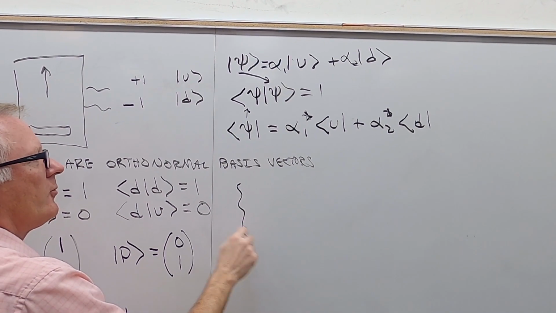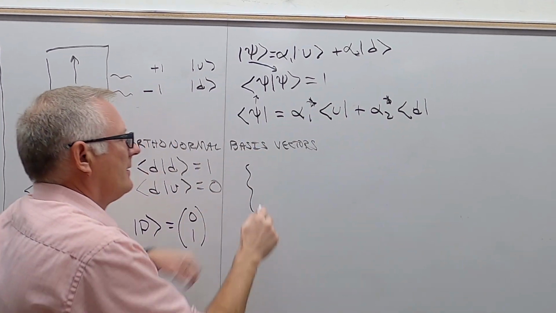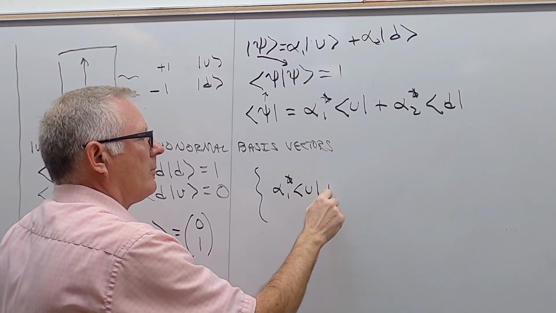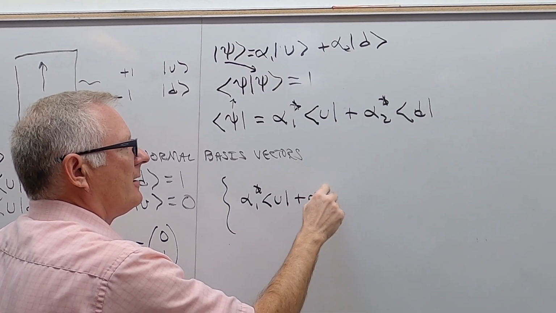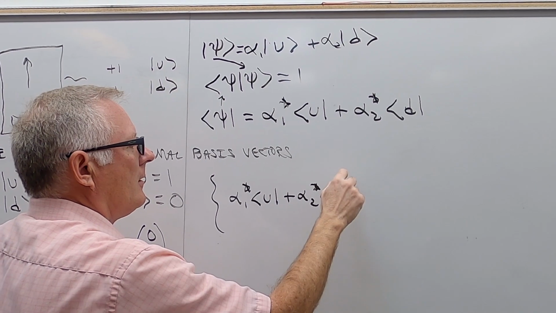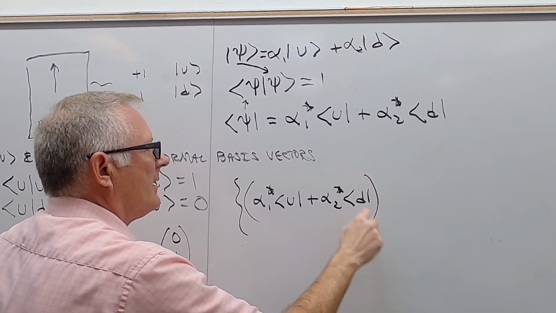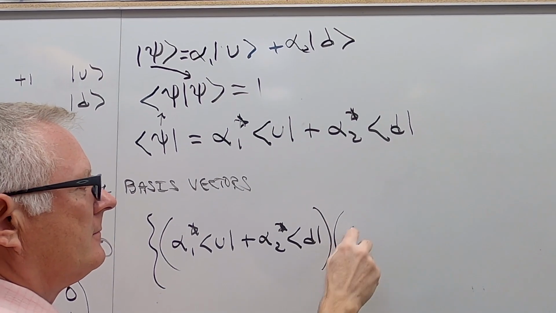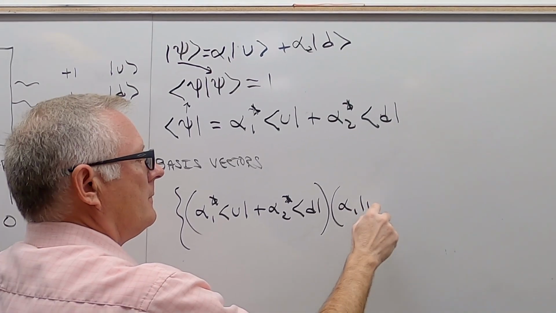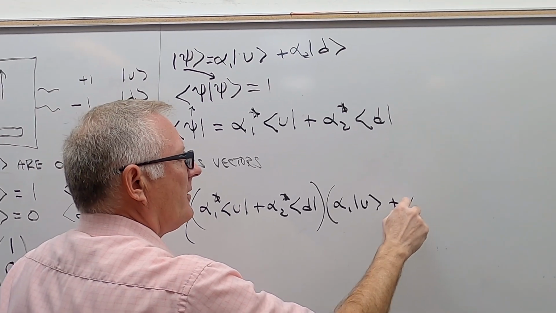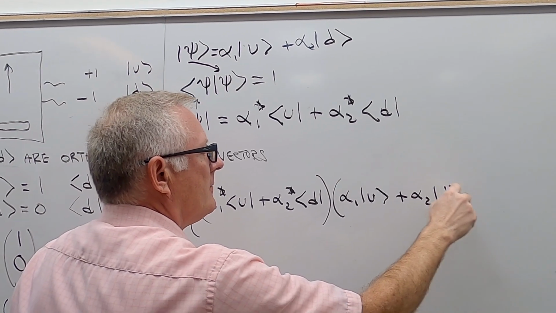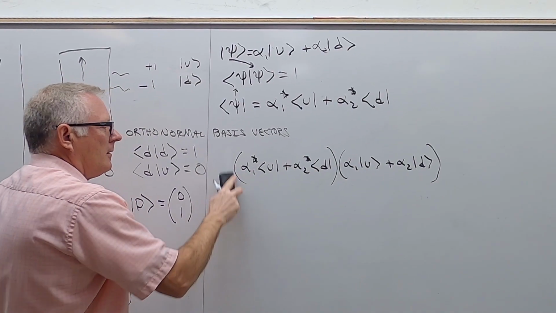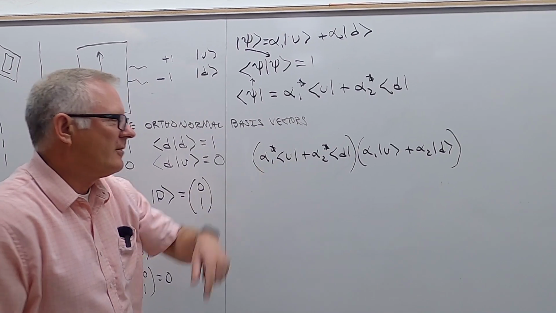And so we're left with this, which is alpha 1 star bra up plus alpha 2 star bra down times this guy right here, which is this one up here, alpha 1 up plus alpha 2 down. Okay, well now we just multiply it through.